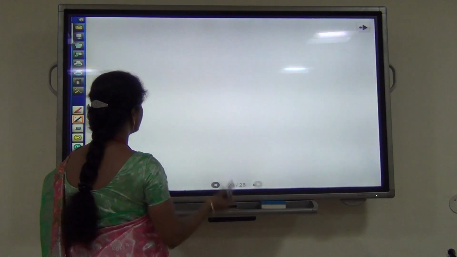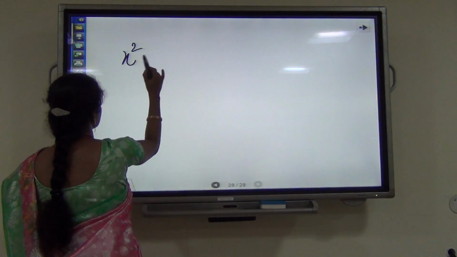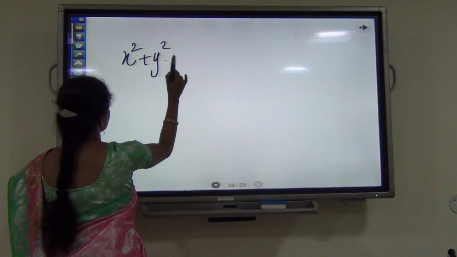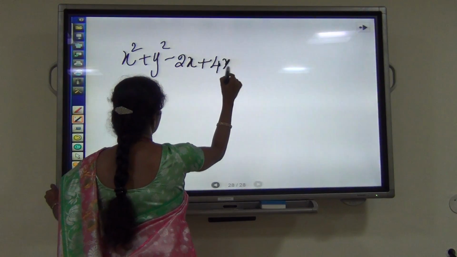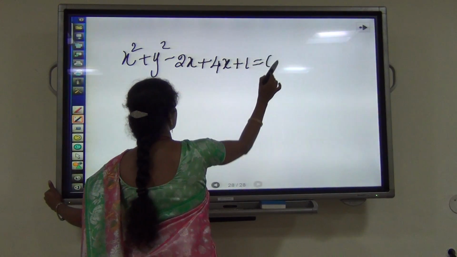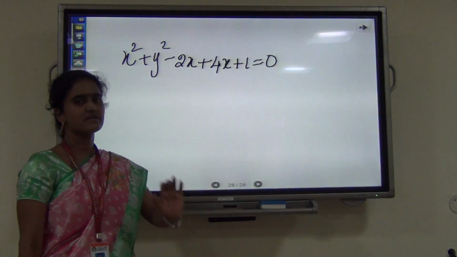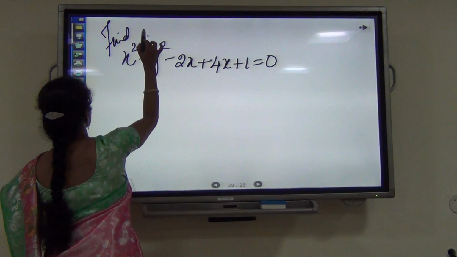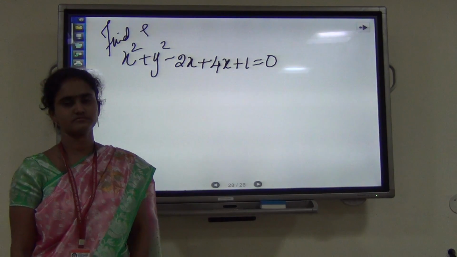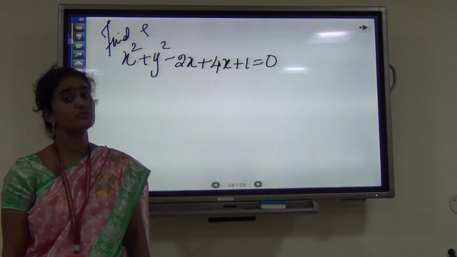One more problem: x squared plus y squared minus 2x plus 4y plus 1 is equal to 0. Find rho for this curve. How are we going to find rho for this curve?